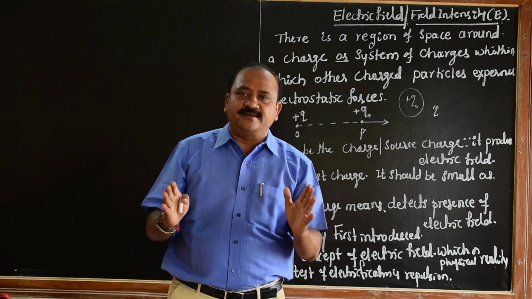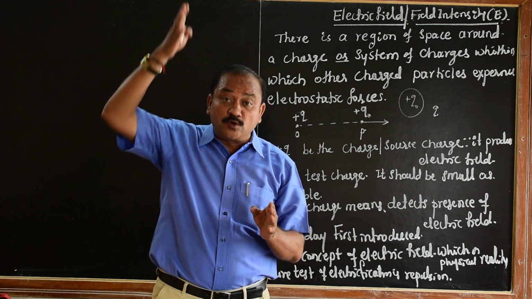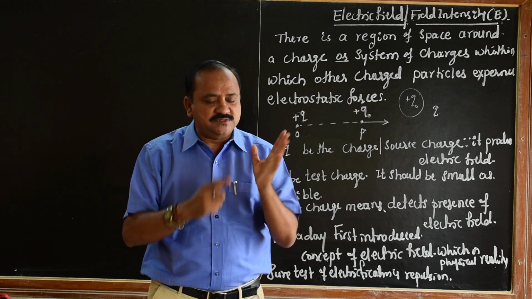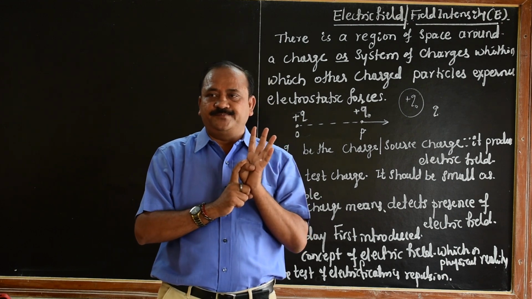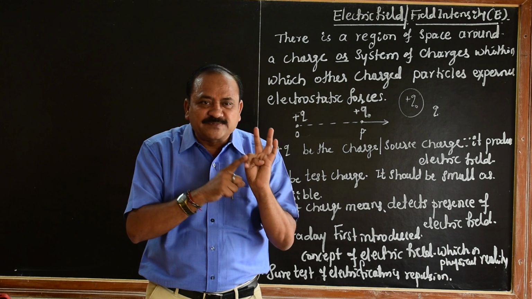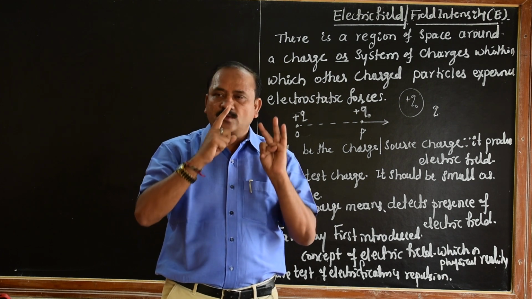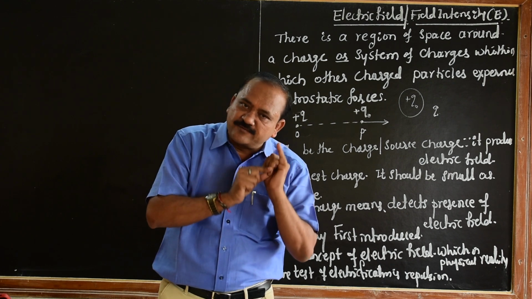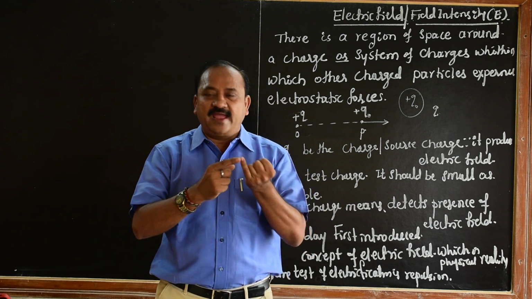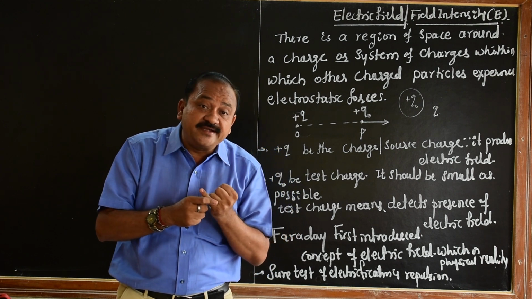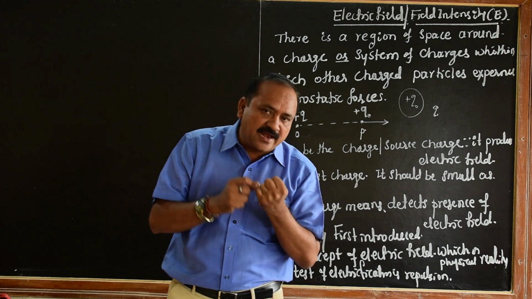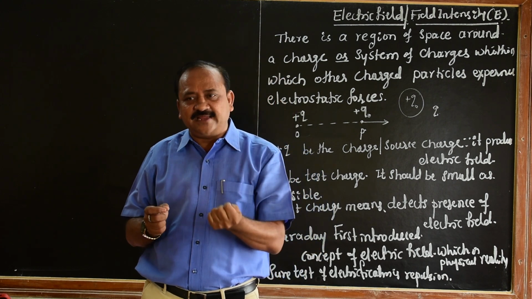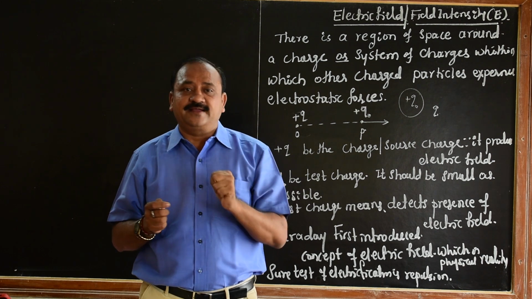There are some more points which you can remember: what is meant by electric field, what is the expression for electric field, what is the SI unit of electric field, the dimensional formula of electric field, and whether it is a vector quantity or a scalar quantity. At least these 5 points you try to understand about the electric field concept.